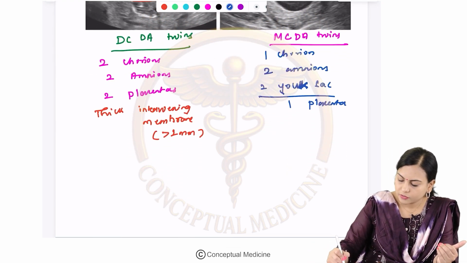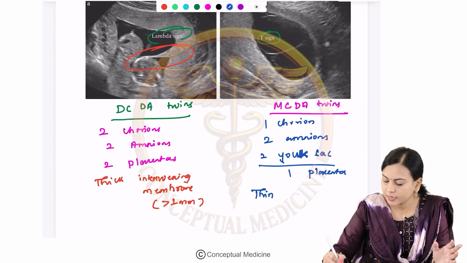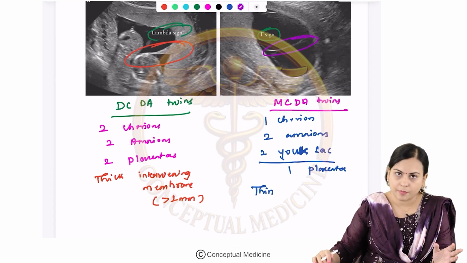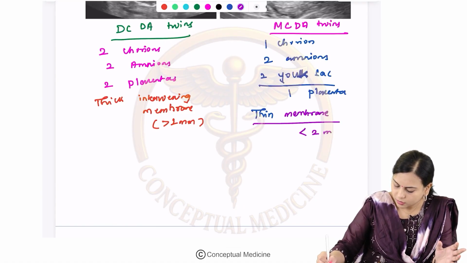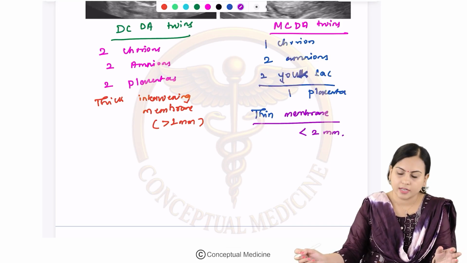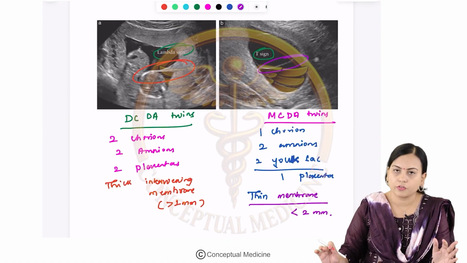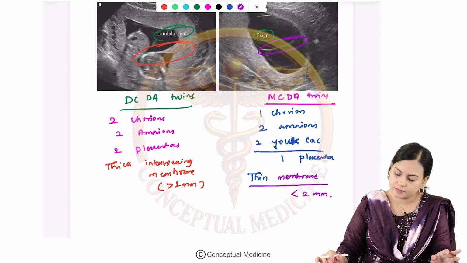The membrane is very thin, less than 2 millimeters. Clear? So these are the important signs you have to know for differentiating DCDA and MCDA twins.